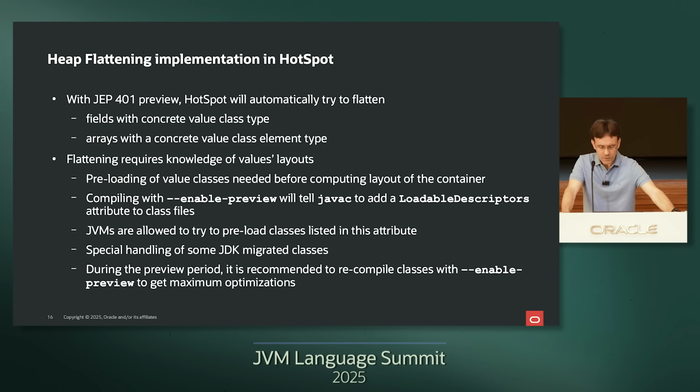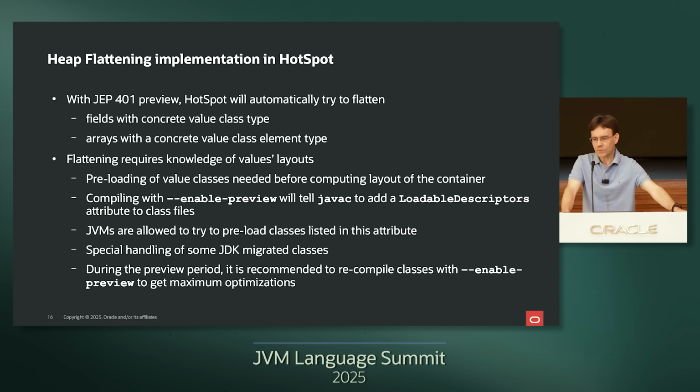With JEP 4.1, when you are using javac with the enable-preview flag, javac will add a new attribute in the class file called the loadable descriptor. JVMs are allowed to try to preload the classes listed in this attribute in order to have more information to perform layout optimizations. We have special handling of the JDK migrated classes, so you don't have to put them in this attribute.